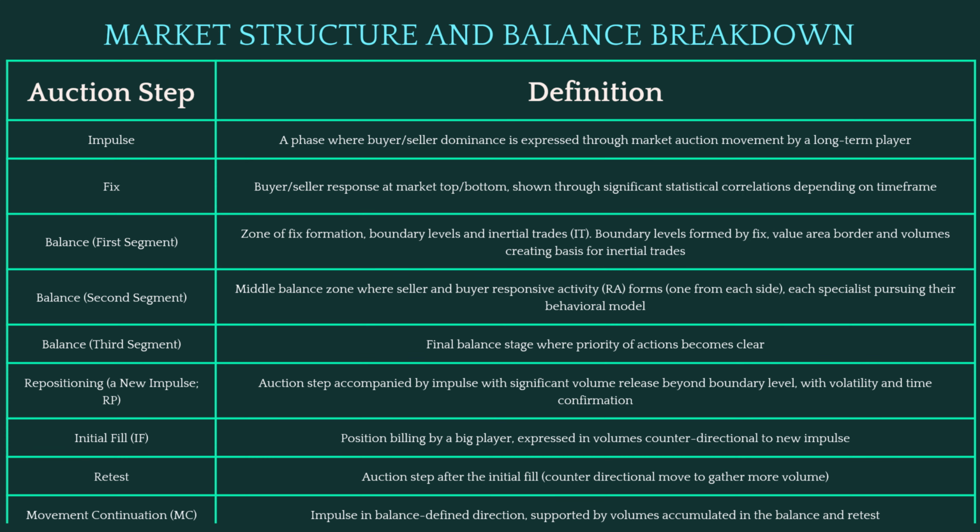Now, when you hopefully understand the market structure basics, let's take a deeper look at the market structure and auction principles. Instead of just reading all these auction steps and definitions, I'll draw everything so you can see it. All right. It all starts with an impulse phase. Before we see a balance, the first segment of the balance formation, there is always an impulse.